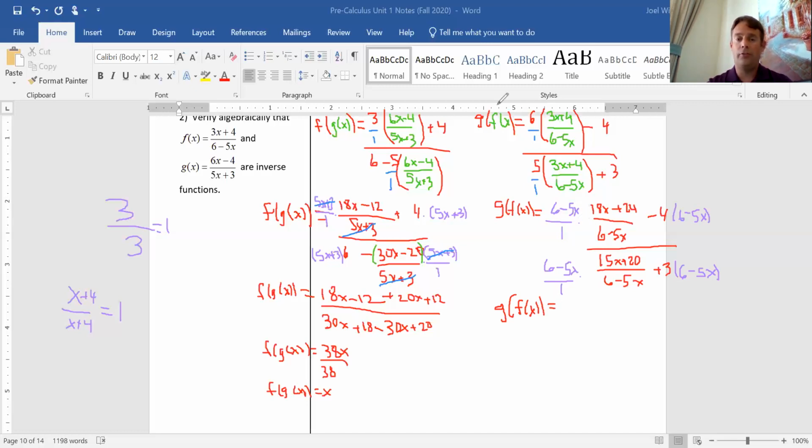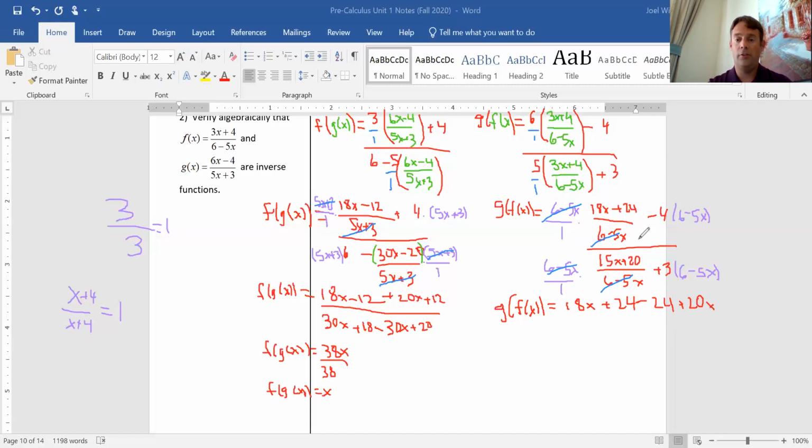So these 6 minus 5x here get canceled out. These get canceled out. And we're left with 18x plus 24. Minus, now let's go and distribute that negative 4 in there. So minus 24 plus 20x.